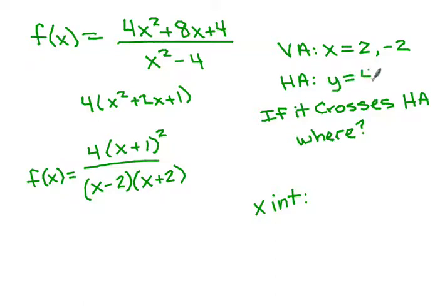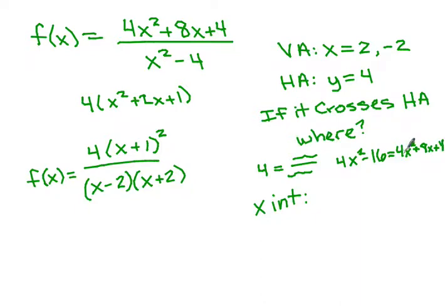How do I know if I cross that asymptote? We plug it in. You're going to take 4 and plug it into this equation, so you end up with 4 equals that equation. When you do that, multiply by the denominator. So 4x squared minus 16 will equal 4x squared plus 8x plus 4.